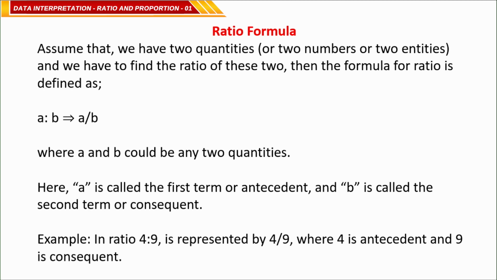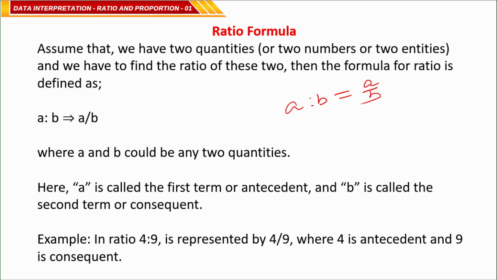So, what is the ratio formula? This is very important. We assume that we have two quantities, two numbers or two entities, and we have to find the ratio of these two. Then the formula for the ratio is defined as A is to B, you can say A by B, correct. Where A and B could be any two quantities of the same kind.